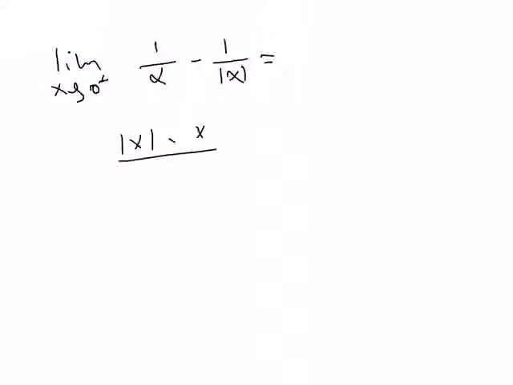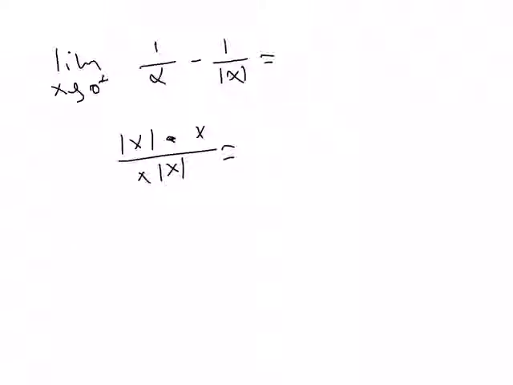So we have the limit as x goes to 0 from the right, 1 over x minus 1 over the absolute value of x, which is equal to absolute value of x minus x over x absolute value of x. But now x is positive, so we can just get rid of the absolute value.